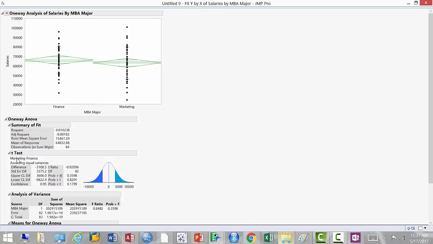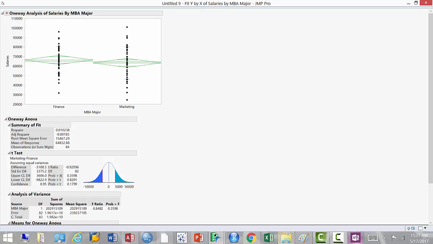Yeah, that sucks, because it flipped on us. So now it's looking at the difference, marketing minus finance. I'm looking at these p-values, I'm like, wow, it has to be this number, 0.1799, but it's actually testing the left tail of the distribution. The reason is because it flipped. Now it's testing not finance minus marketing, but the other one.